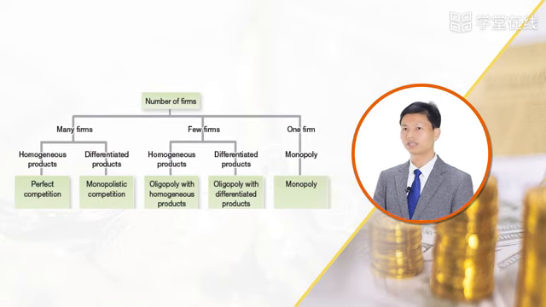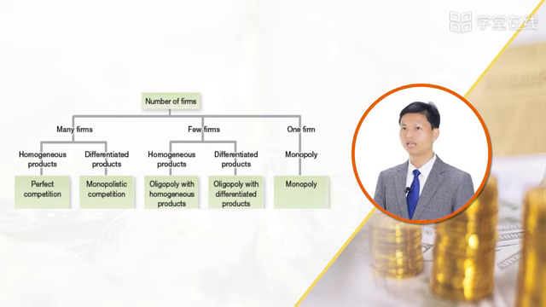A useful classification of market structure therefore distinguishes industries along two dimensions: the number of firms supplying a given product and the degree of product differentiation. Between the two extremes of perfect competition and monopoly, there are oligopoly and monopolistic competition.